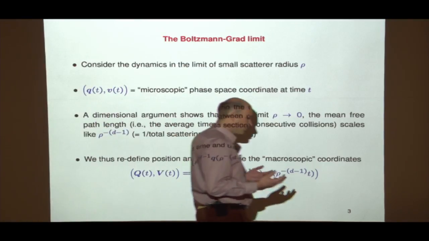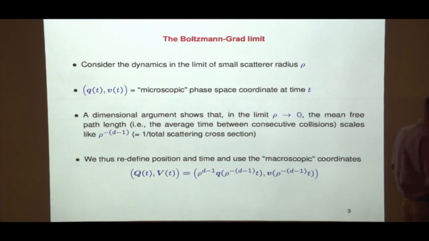So to obtain a kinetic transport equation of Boltzmann type, what you have to do is to look at the dynamics on the scale of this mean free path length. If you don't rescale variables properly, you either see nothing, just free motion because you'll never hit anything in finite time.